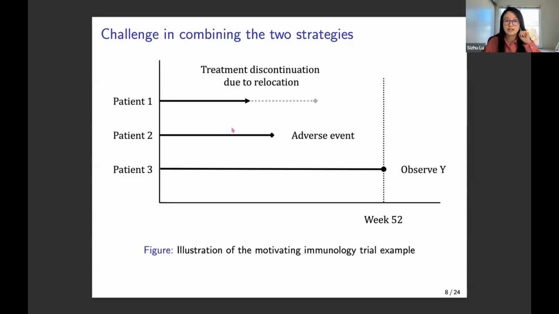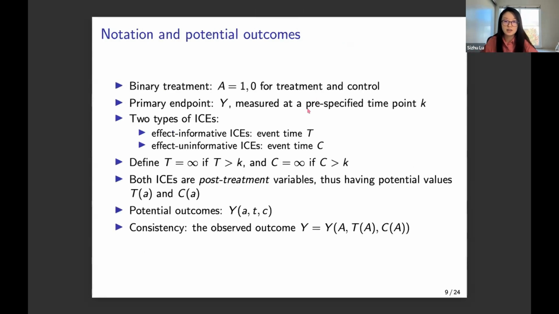But we have no idea, if this event didn't happen hypothetically, whether there would be another adverse event happening before the measurement of the outcome or not. So this censoring problem is due to the fact that these 2 types of intercurrent events are actually censoring each other.